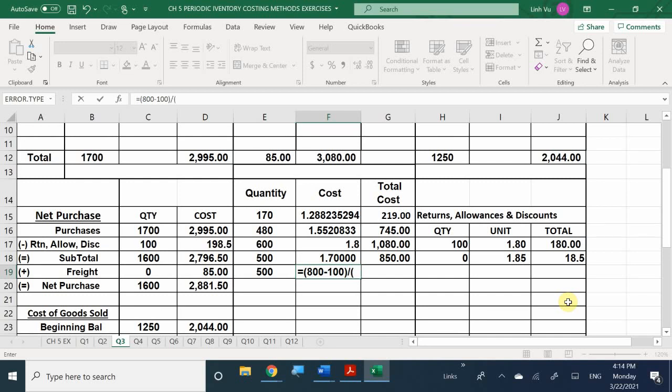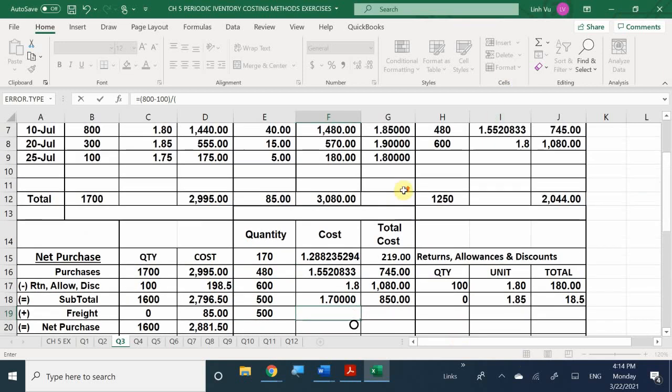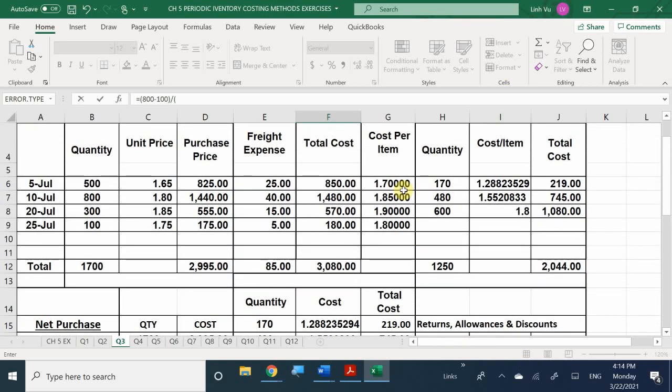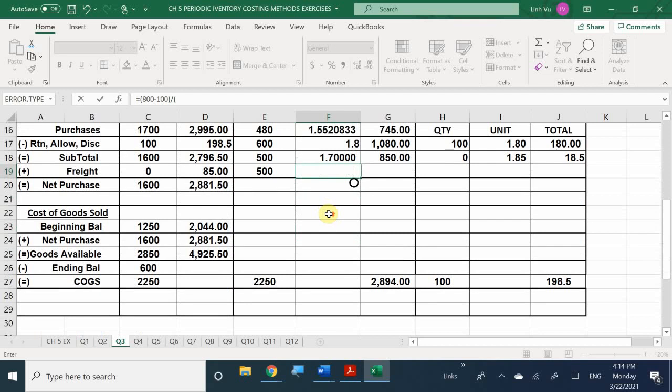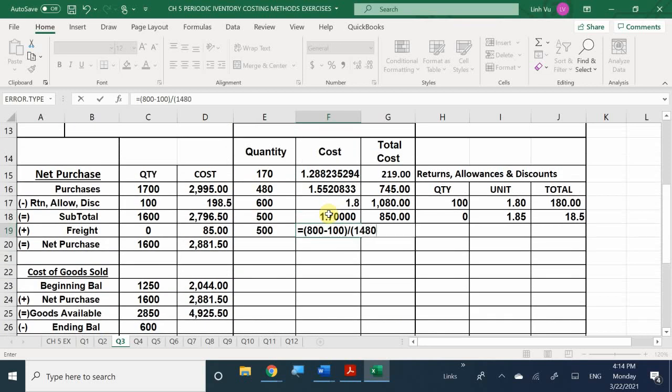In this case, like I've mentioned before, how much did it cost you to originally purchase those 800 items in grand total? 185. That's per. It's going to be in total cost. 1480. 1480, right? If it cost you 1480 to purchase, however, you refunded 100 of those toys to reduce your amount by 180.